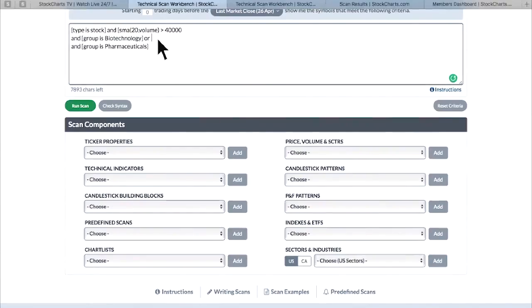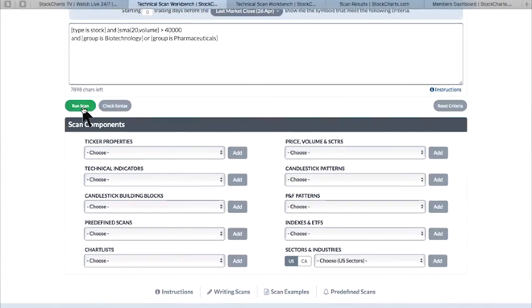Because we are using "or", in other words, if I put the word "and" in here, you can't be in biotechnology and in the pharmaceutical industry groups. You have to be in one or the other. So the first command is: and, group is biotechnology, or group is pharmaceuticals.